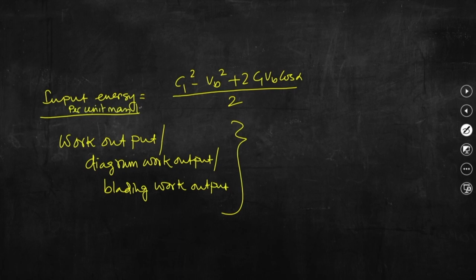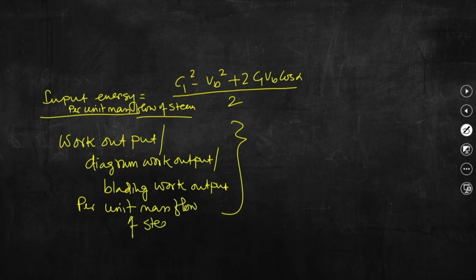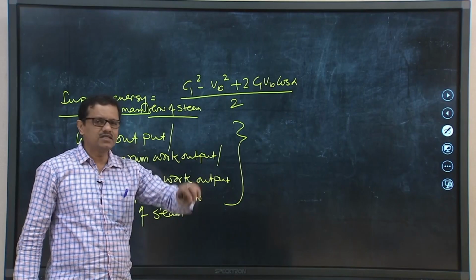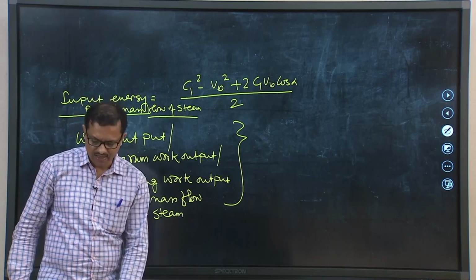So, work output is also per unit mass flow of steam, because while we are trying to estimate the efficiency, the unit will remain the same.